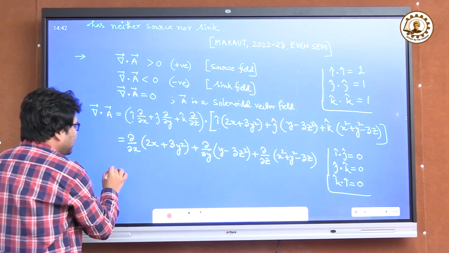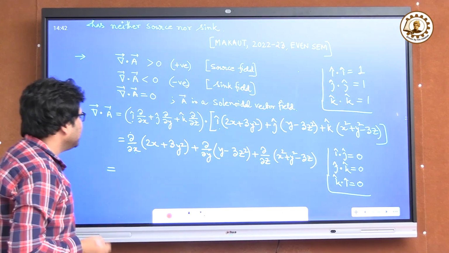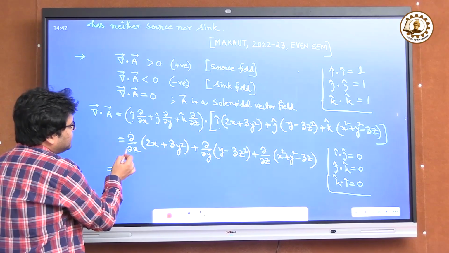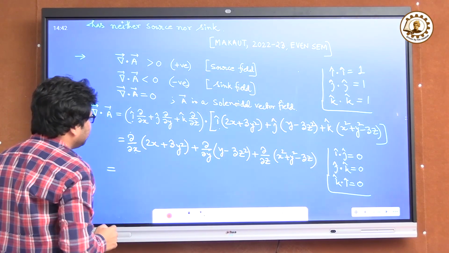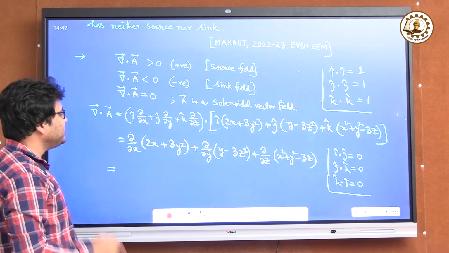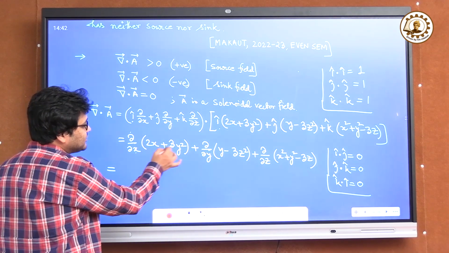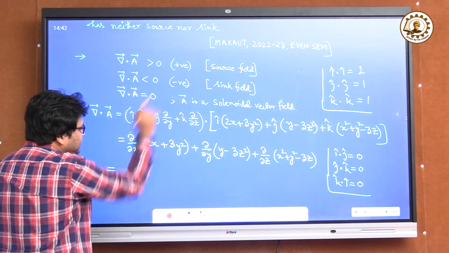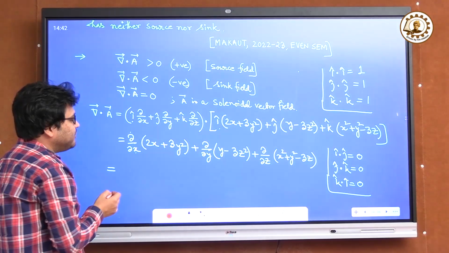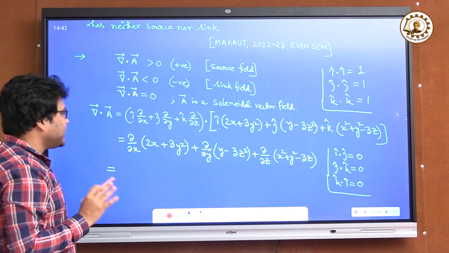Okay, so there are three partial derivatives that are going to act on three terms. Take a look at the first term. Here we have a partial derivative with respect to x that is going to act on 2x plus 3y square. Since we have a partial derivative, apart from x, all the terms will be taken as constant.